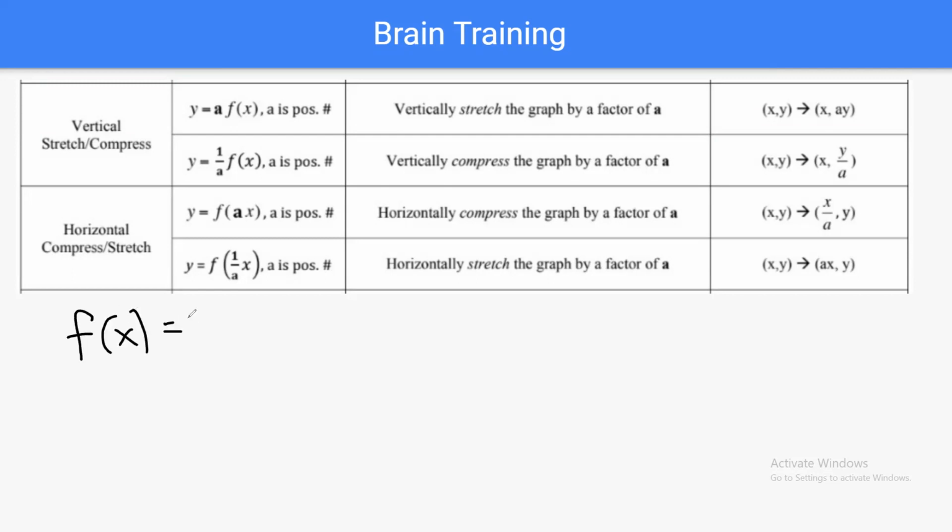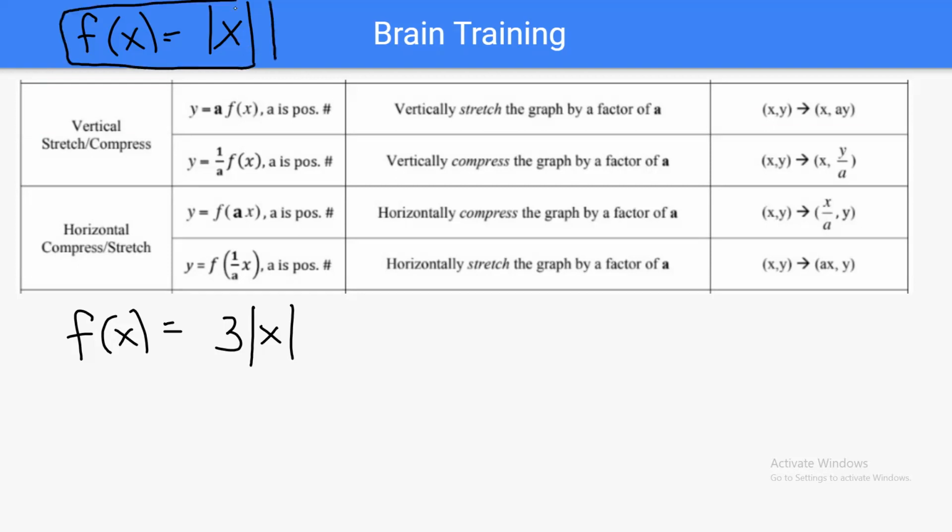My first example: my parent function is f of x equals absolute value of x, and let's say there's a 3 times the absolute value of x. That 3 represents a vertical stretch or compress, correct?